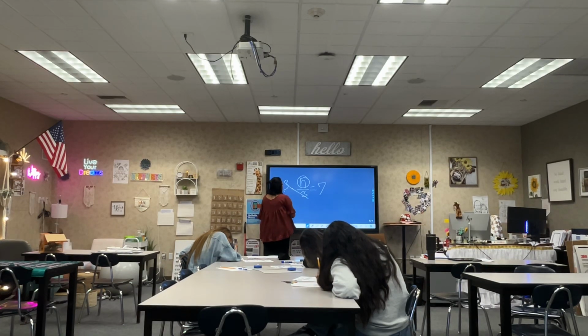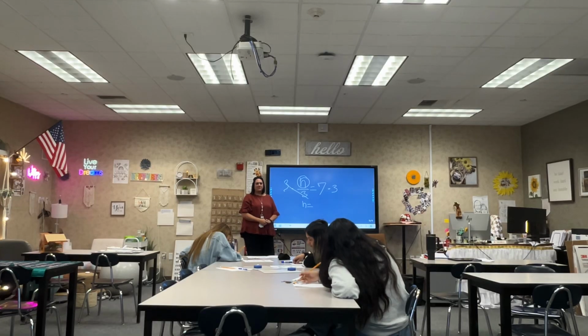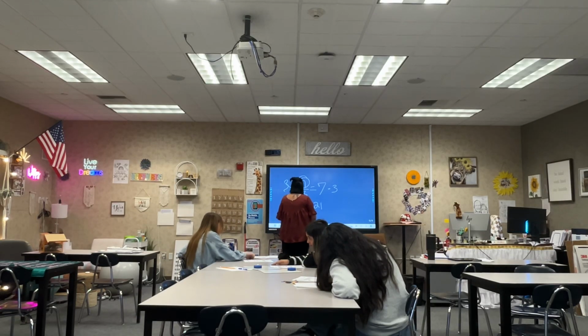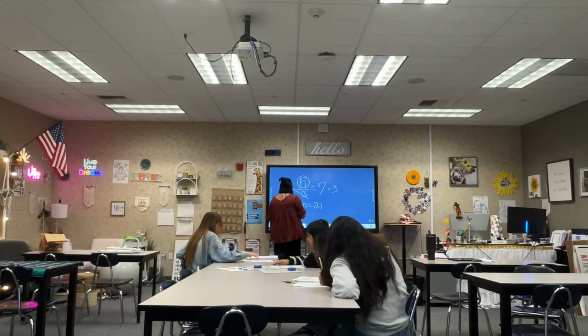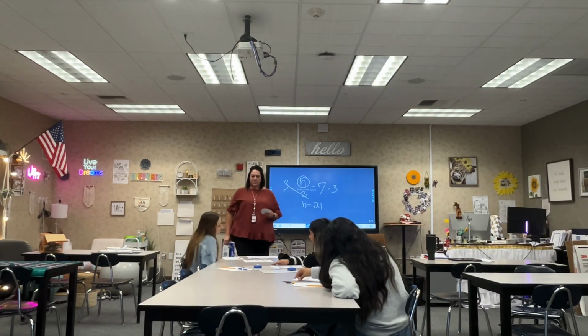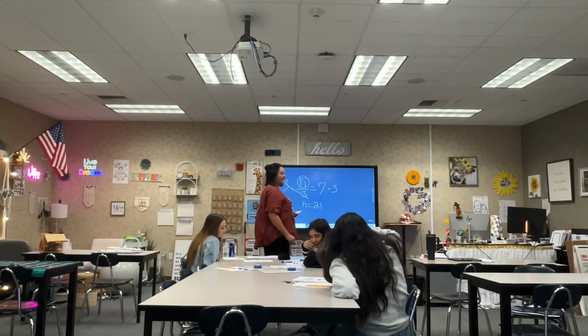We cross those out, right? What's 3 times 7? Mary, what's 3 times 7? Perfect, 21. The answer is 21. Who's got 21 so far? Who's closest?